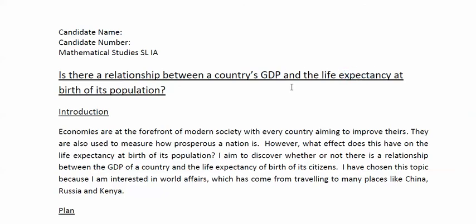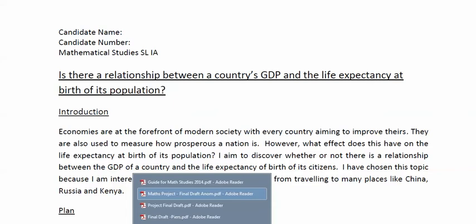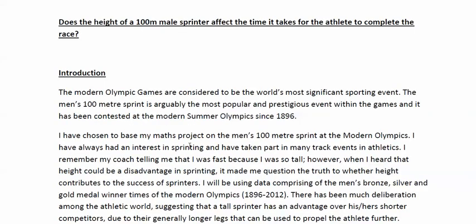I'll give you another example of what somebody else has done. This person has decided to do it on the height of an athlete and the time taken to run the 100 meters.